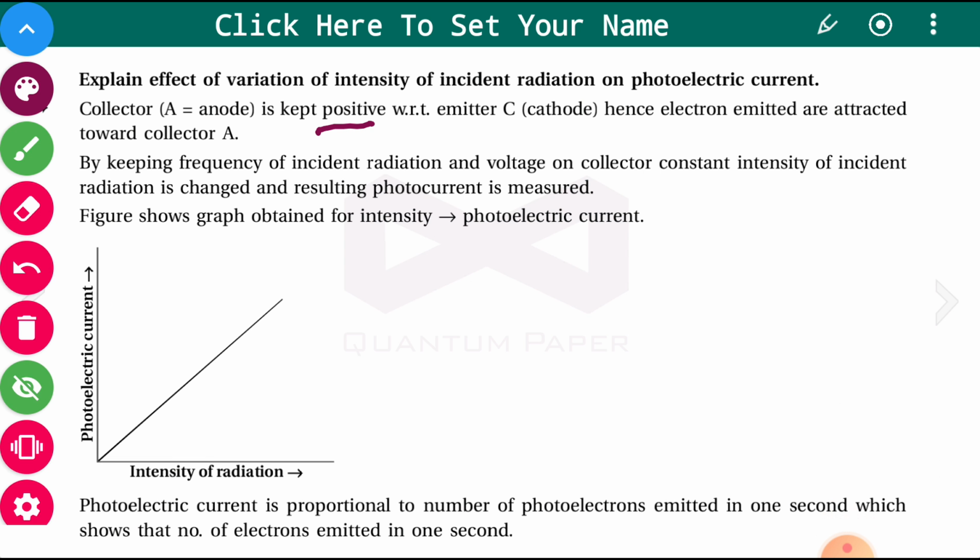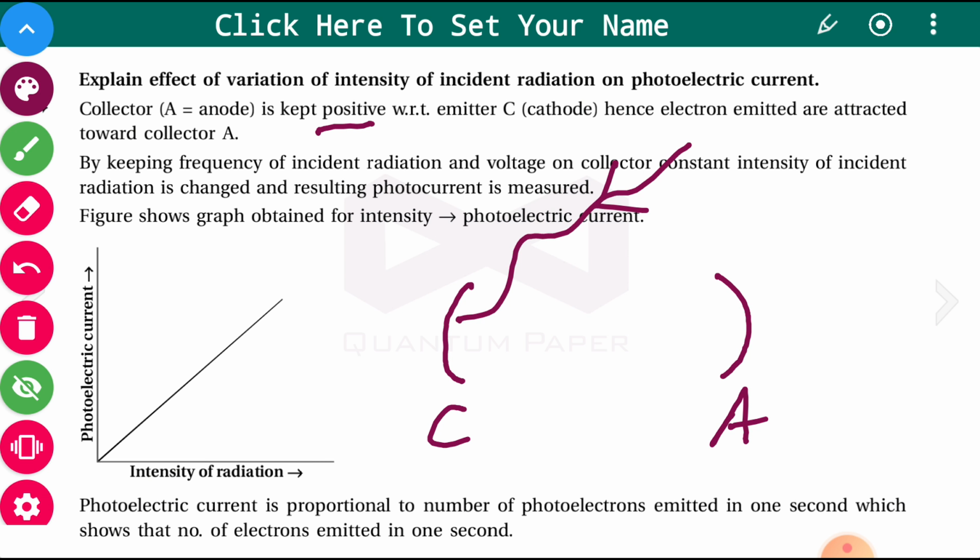Okay, so say this is your collector, or rather cathode, and this is the collector, that is anode. Now here the light is incident. Now first you are keeping the collector as positive and the cathode as negative.